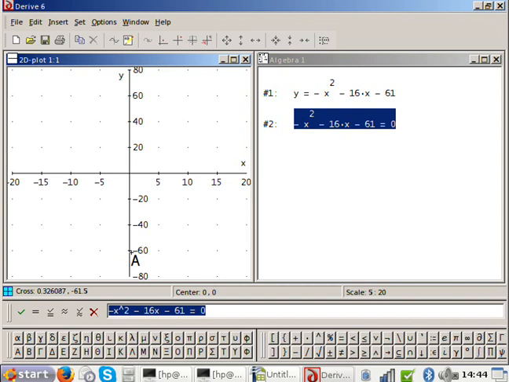Here is x squared plus 16 plus 61. Yes, that's it. Good job. So if you multiply by -1, you change this into x squared, 16x, and 61. No minuses to worry about.